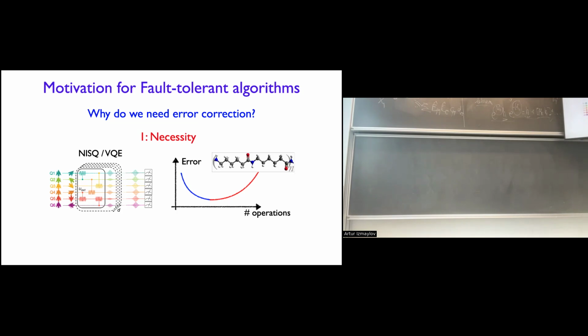Initially you will increase the accuracy, the error overall will go down, but then no matter how smart you are, it's not about your ansatz, the number of operations you need to do is going to grow, and with that, the noise will catch up, right? And the curve will be like this. So there is a sweet spot, of course, and we could imagine that with improving hardware, we could move that sweet spot further and further, meaning that we could address larger and larger systems.